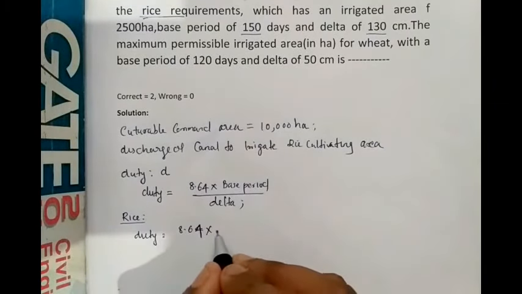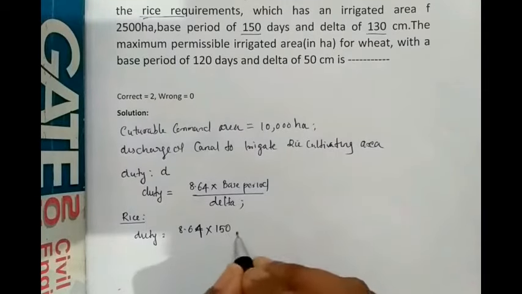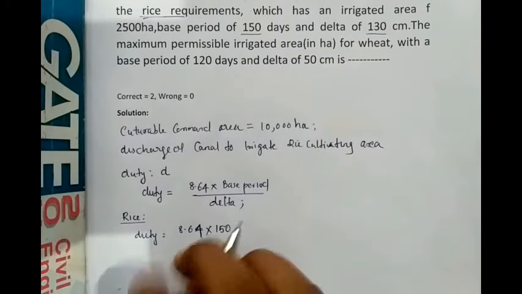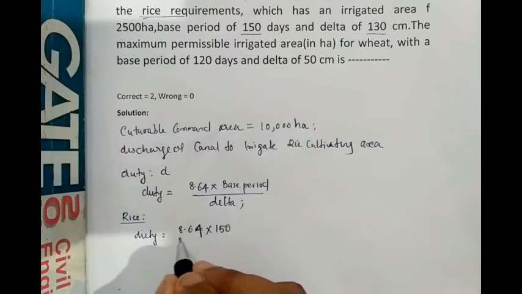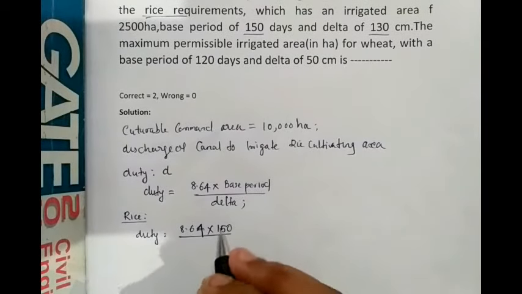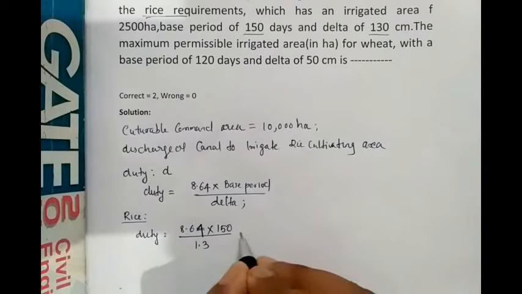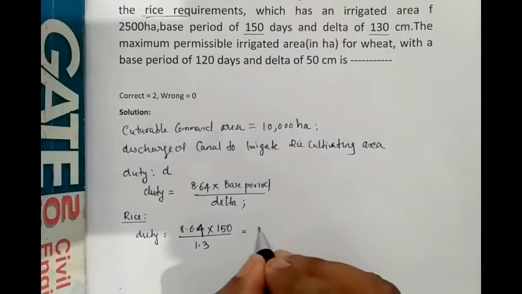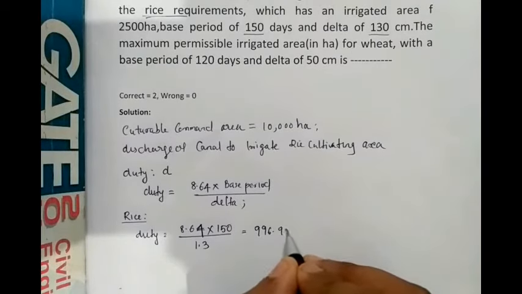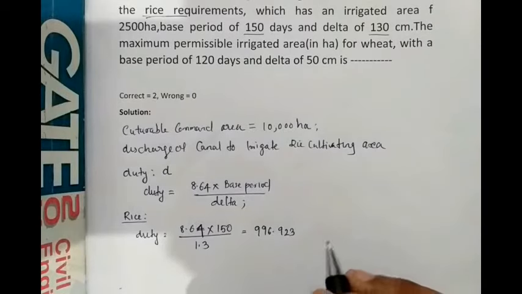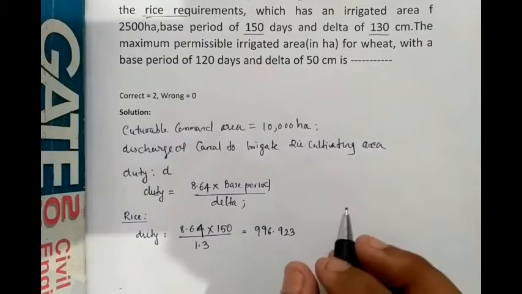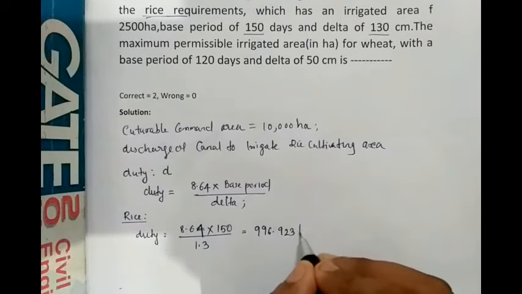Base period is taken in days, and delta we have to take in meters, that is 1.3. This will give the value of duty, that is 996.923 hectares per cubic meter per second. You can do it in the calculator; a numerical digital calculator is provided for the GATE exam.